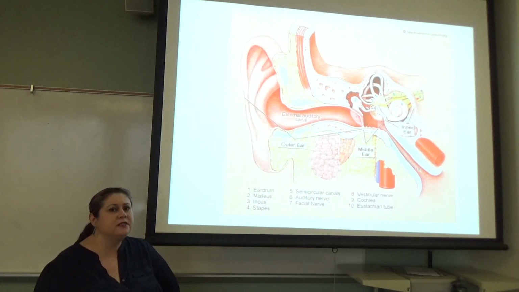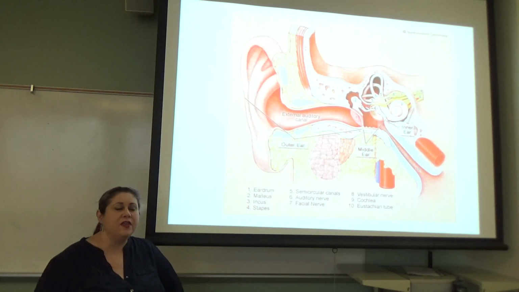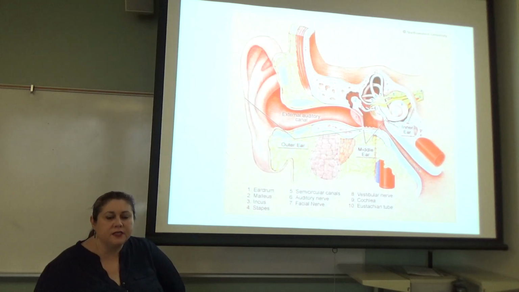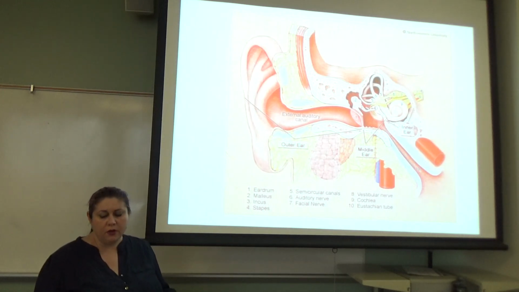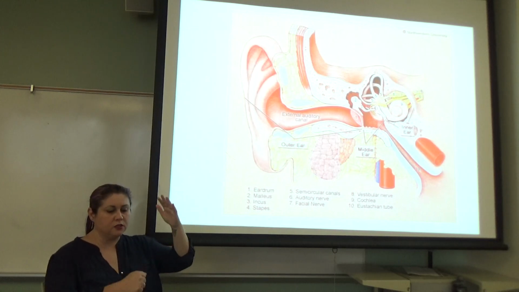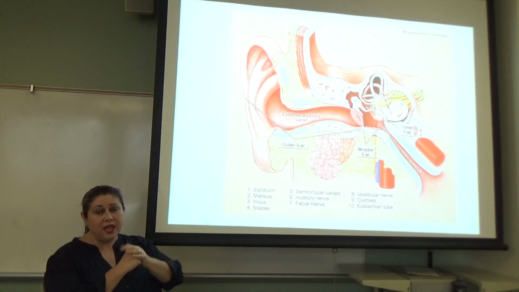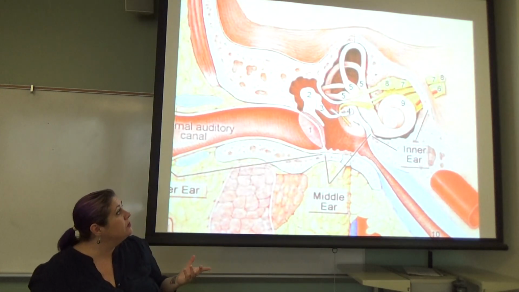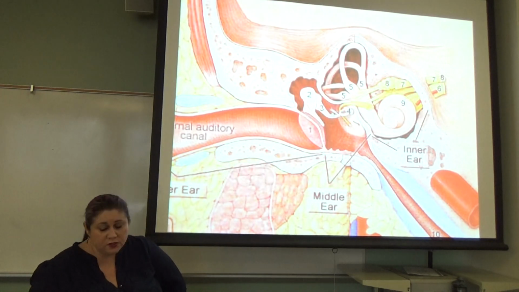The malleus is also called the hammer. That's what malleus means in Latin, hammer. The incus is also called the anvil, and the stapes is also called the stirrup, and that's because of their shape. The malleus looks like a little hammer hitting on the incus, which is the anvil, and then that's attached to another little bone that looks like a little stirrup. If you ever get a chance to see one of those, I highly recommend it.